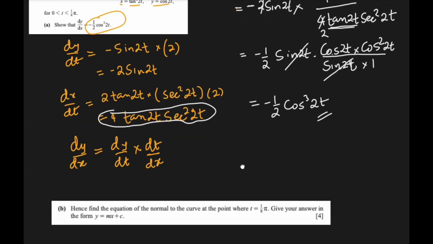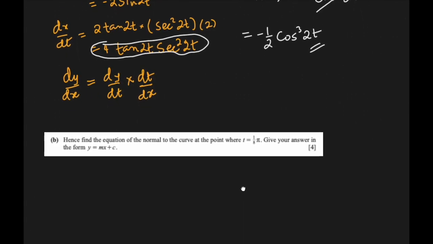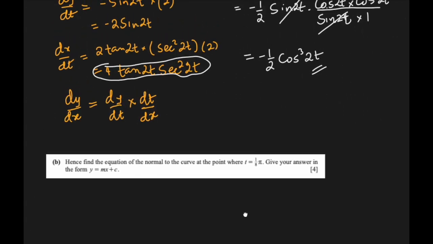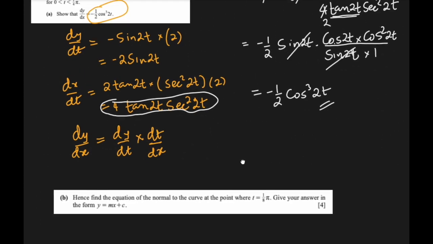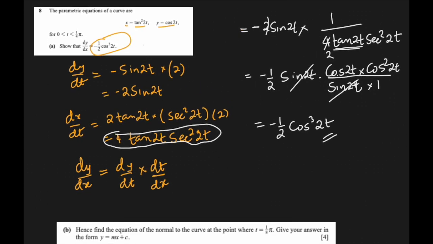Alright, B part. Hence find the equation of the normal to the curve at the point where t is equal to 1 over 8 pi. So this parametric equation is the curve. Let me write the curve equation here: x equal to tan square 2t and y is equal to cos 2t.